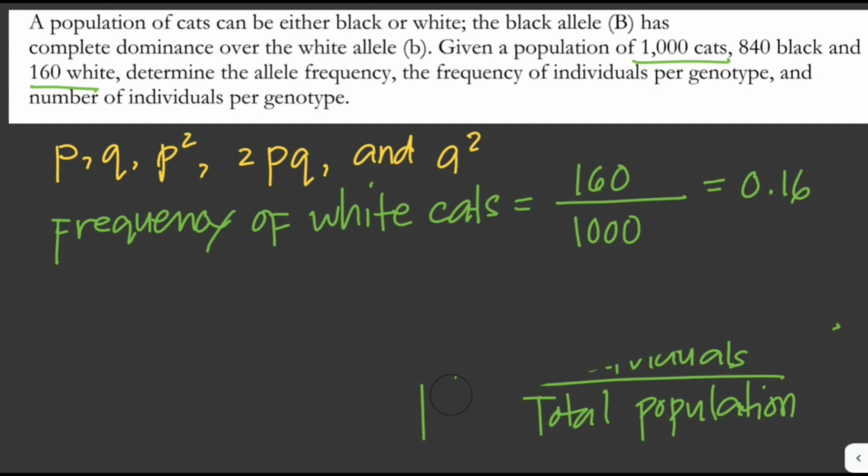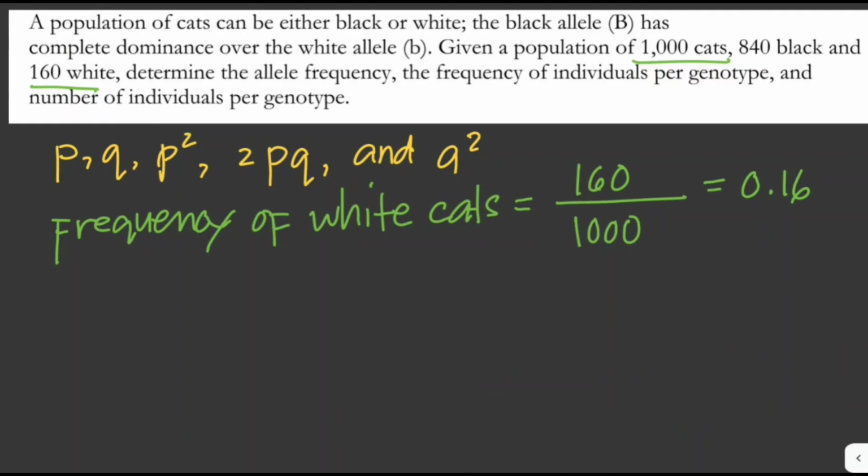Since the frequency of white cats is equal to 0.16, therefore q squared here is just equal to 0.16, because the frequency of the white cats is the one with the homozygous recessive genotype, and that is denoted as q squared.